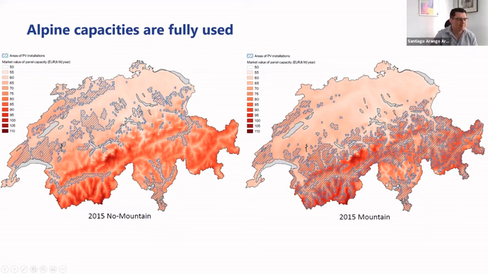And so what we see basically is that we are able to generate a targeted 25 terawatt hours with about 18 gigawatts peak generation in the business as usual scenario, whereas in the mountain scenario, we only need to install 15 gigawatts. So we can also quite strongly reduce the amount of capacity needed.